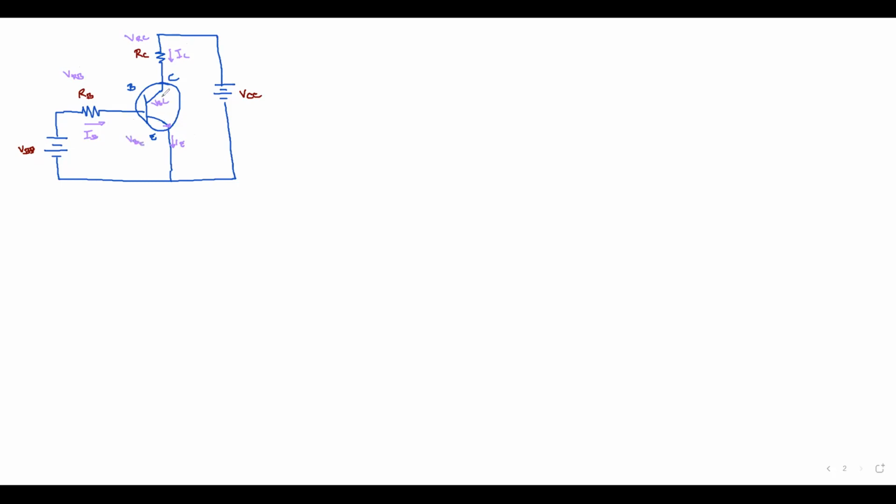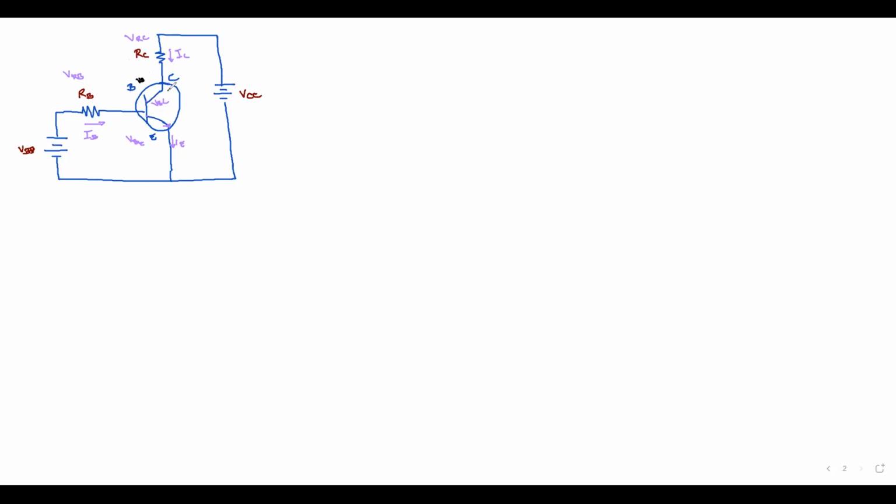What is VBC? That is the voltage between the base and the collector. VBE is the voltage between the base and the emitter. I do hope that one is clear. At the same time, we have VB, which is the voltage at the base.